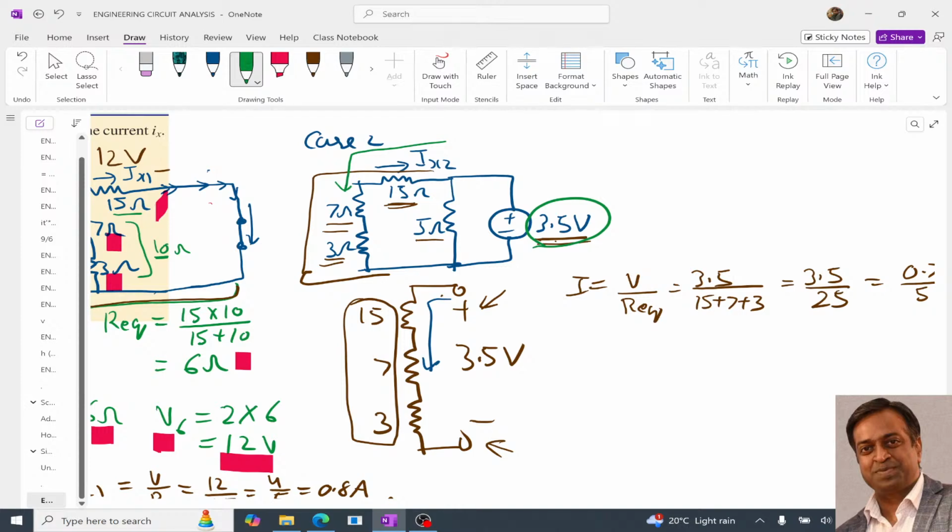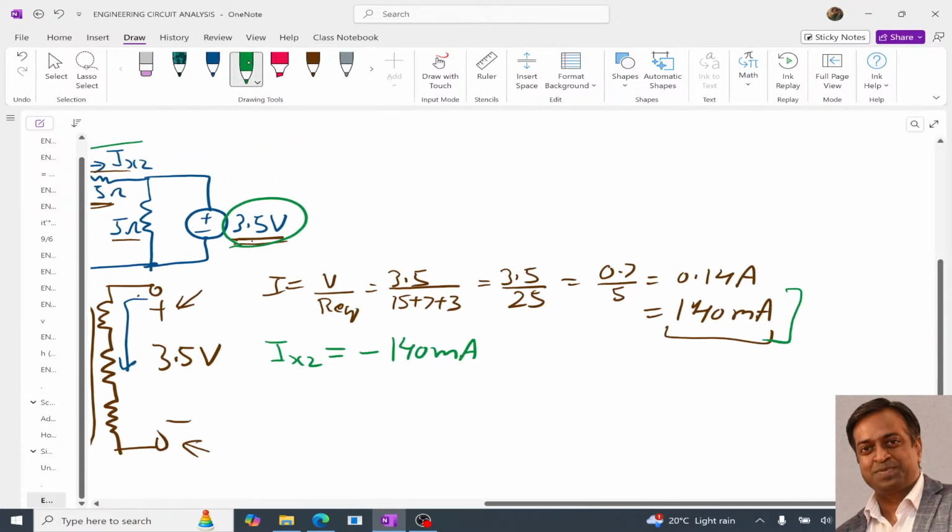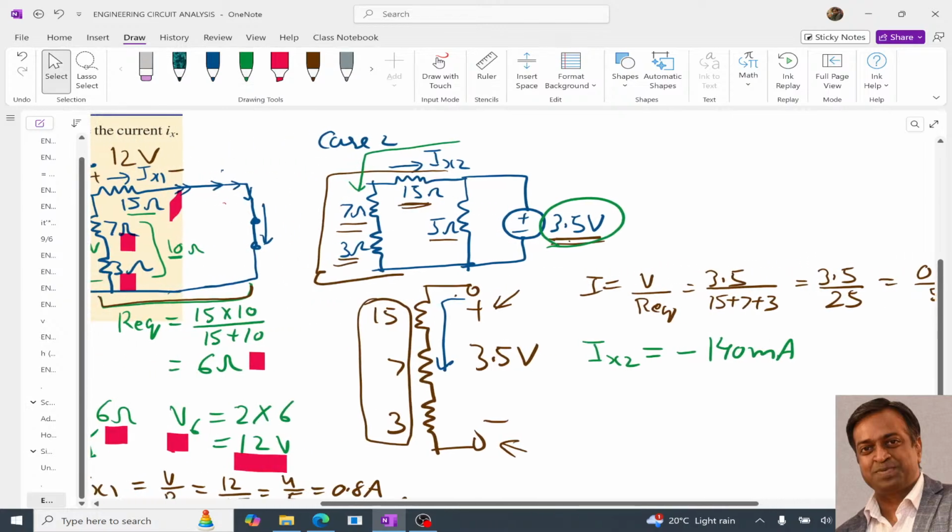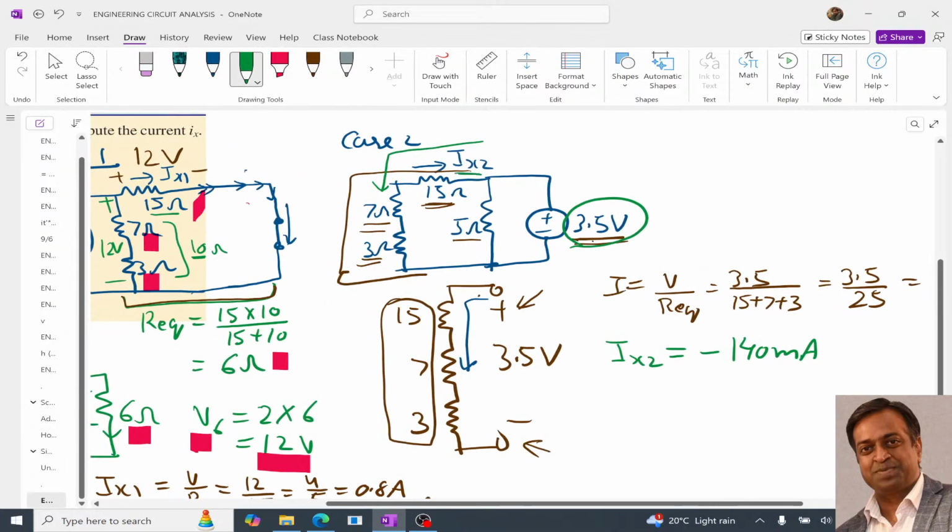It means that our ix2 will be equal to minus 140 milliampere. Since the direction is opposite to ix2, we take it as minus. How do we get that it is opposite?